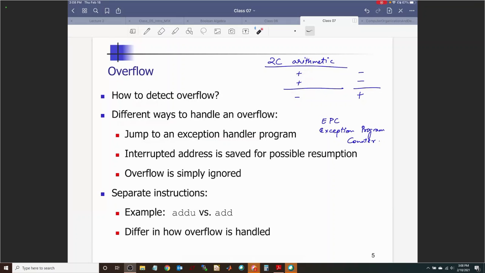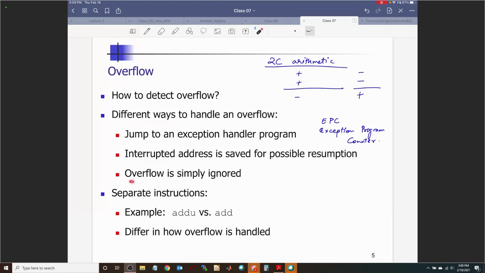The moment overflow happens, that starts off an exception, which is essentially going to update the program counter with the address given in the exception program counter. So it jumps to a separate routine in the memory and starts executing instructions over there. That's one way of dealing with an overflow condition. Or wherever you get interrupted because of overflow, that address is saved for possible resumption.